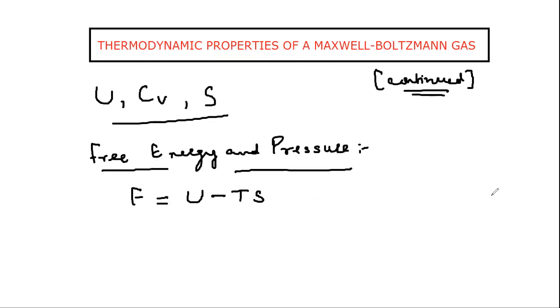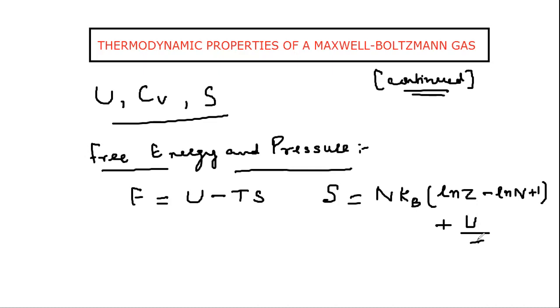So let me write that expression. S is equal to N kB times ln Z minus ln N plus 1 plus U over T. This was the expression we derived in the last lecture for entropy of a Maxwell Boltzmann gas, and we said that it is valid for any Maxwell Boltzmann gas.